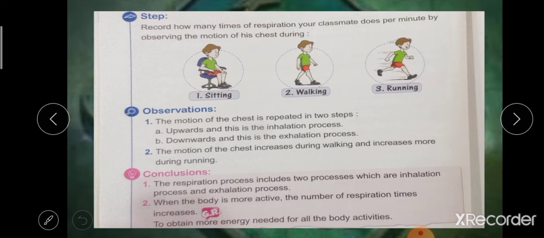Make this activity with your friends. First, record the rate of respiration during sitting. After that, during walking. After that, during running. What do you notice? Do you notice that the number of respirations during running is more than during walking, and more than during sitting?